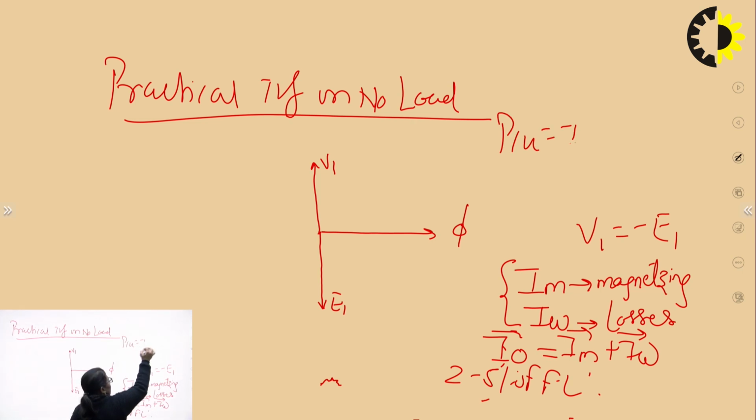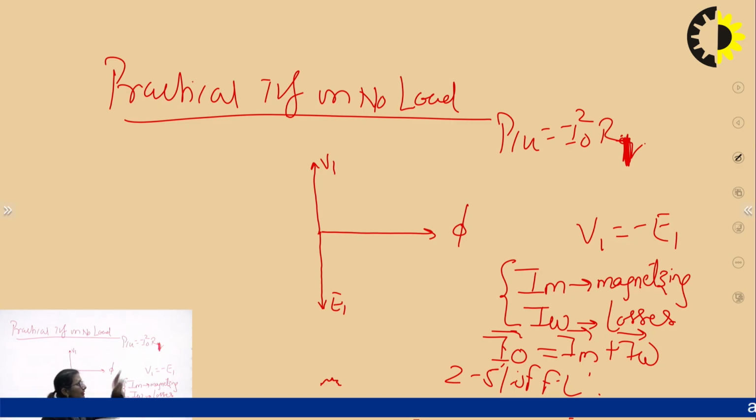PCU is given by I naught square into R equivalent, or in fact, on the secondary side we don't have any current, so I must say R1. So I naught square R1, and the secondary side has no current because it is at no load condition. These are the total copper losses, but as the value of I naught is very small, these losses are not going to be very significant. So this value is going to be very small.